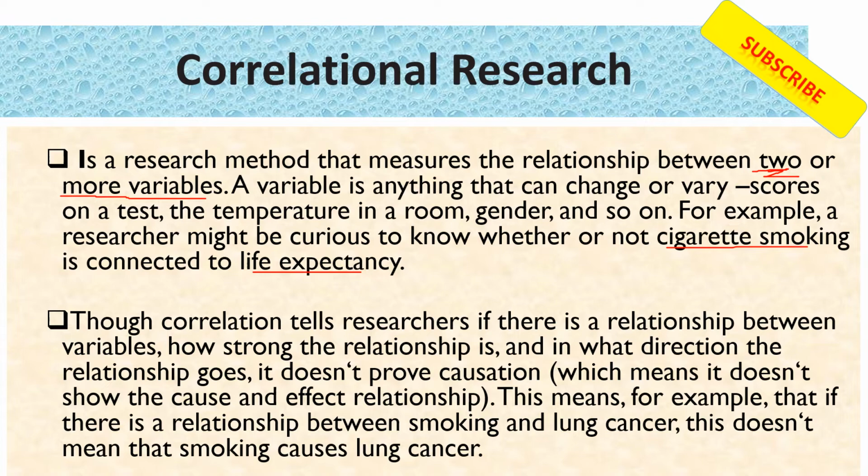So one has to be very careful to clearly understand the relationship between two variables. The correlation may exist, but the causality or how strong the relationship is may not be clearly illustrated through a simple correlational study. There might be other variables involved in the actual relationship between the variables, and one cannot really connect the two alone. There may be other variables, which in research we call extraneous variables.